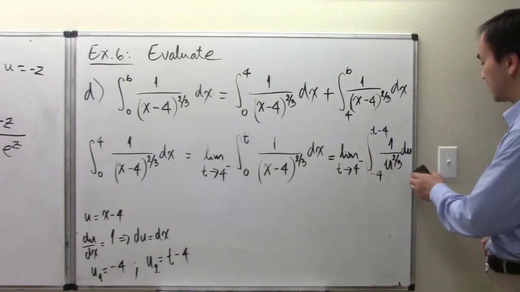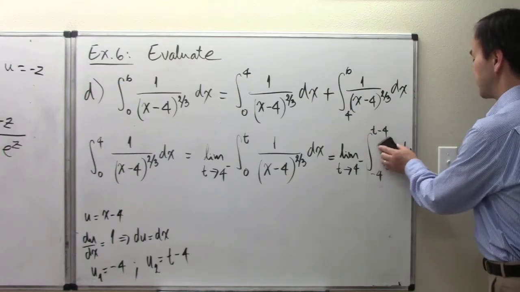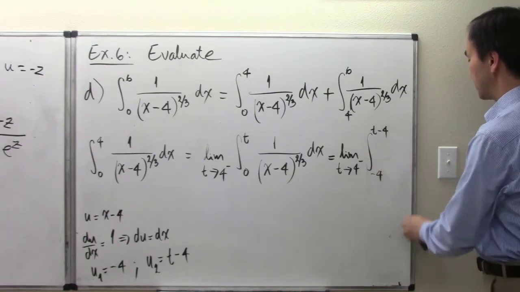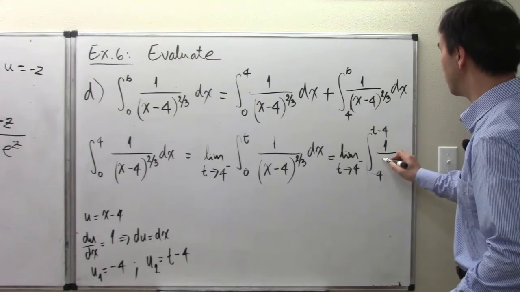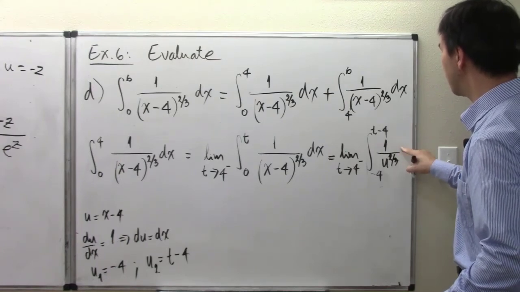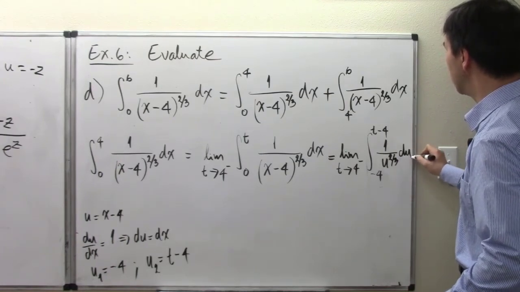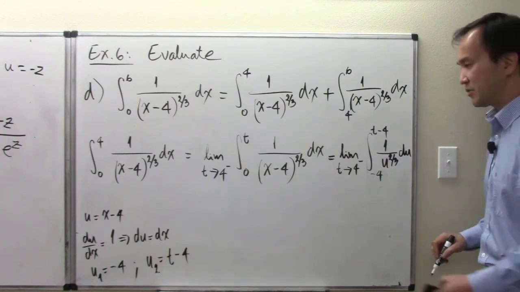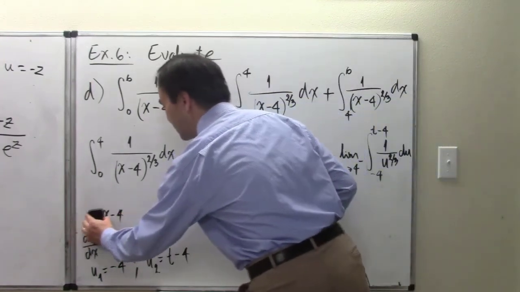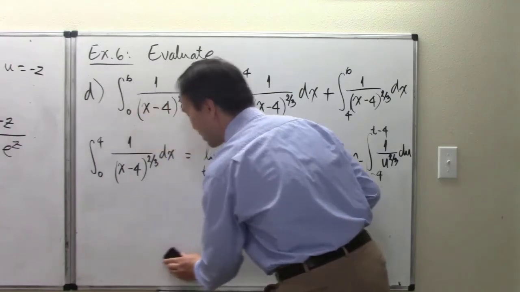Okay, so that's how I clean up my terms a little bit here. Allow me to rewrite this to make it look a little more neat: 1 over u to the 2/3 power, and then with the du. Now I can clear out all of this scratch work for the substitution.